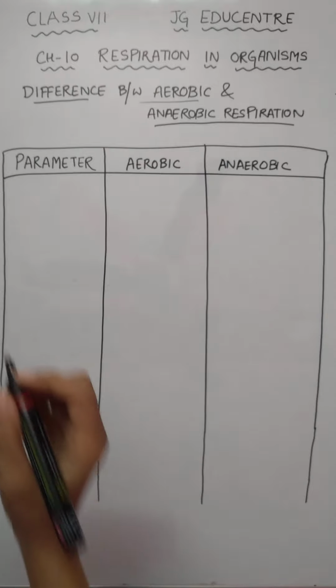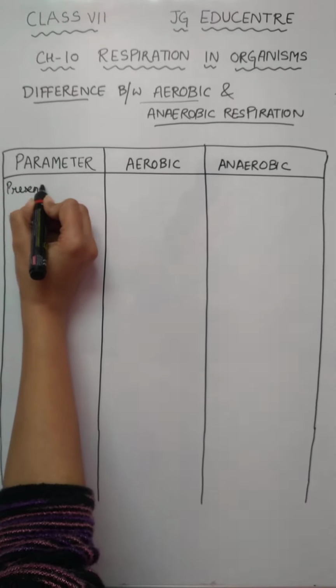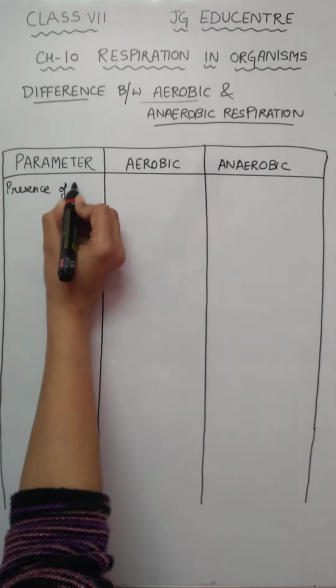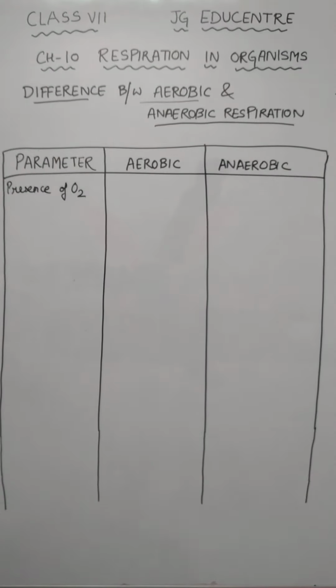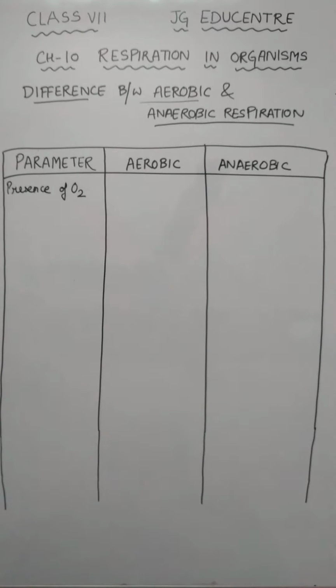First parameter which we are going to take is presence of oxygen. On the basis of whether presence of oxygen is required or not, aerobic respiration and anaerobic respiration can be differentiated.